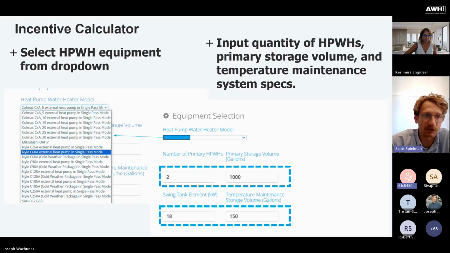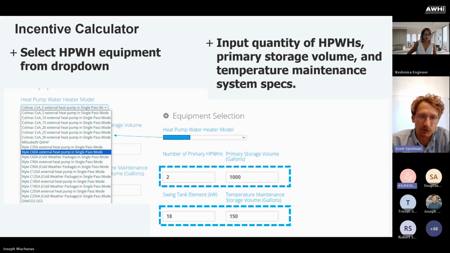Then after that, you can select from this drop-down all the heat pump water heaters that are listed in JA13 for California. This gets you the performance map from the heat pump water heater that's used in the annual simulation that gets run to calculate the CO2 emission savings.